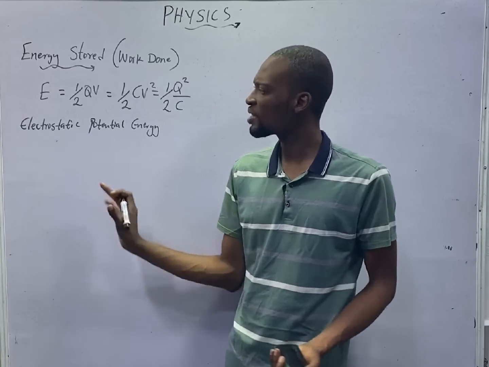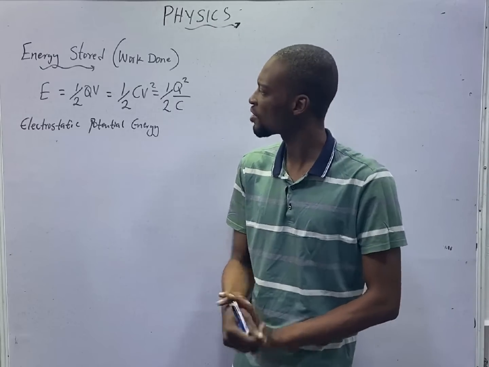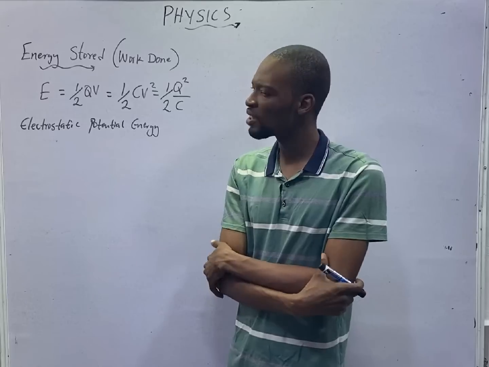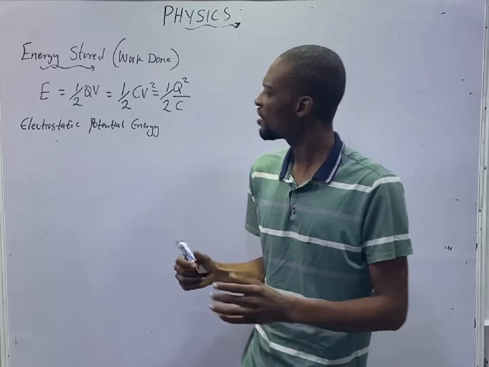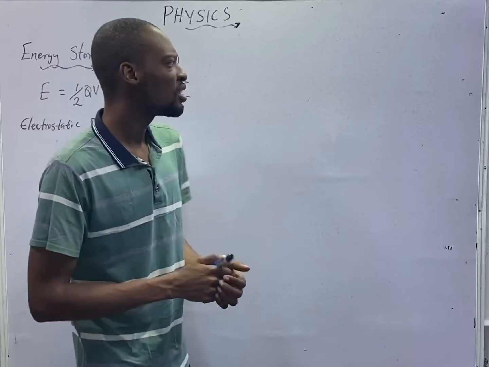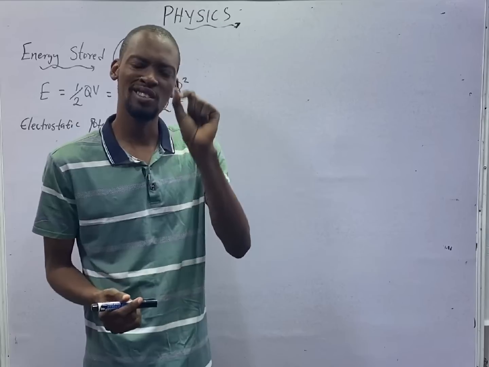So this is what you should understand, and we shall look at one or two questions under energy stored in capacitors. But take note: if you are given capacitance in microfarad, make sure you convert to farad.